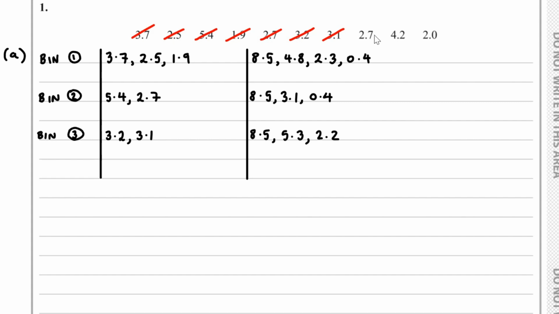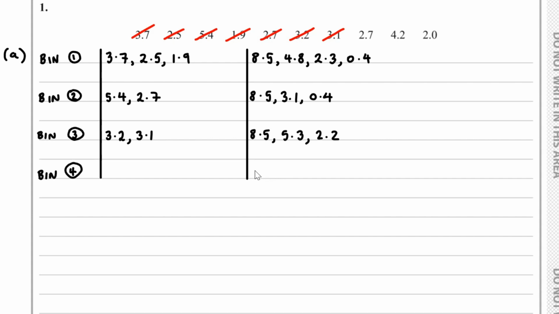Let's now take a look at the 2.7. Well, there's not enough space in bin number 1. There's not enough space in bin number 2. There's not enough space in bin number 3. So we'd have to put the 2.7 into a new bin. So let's open up a new bin. We'll call this bin number 4.